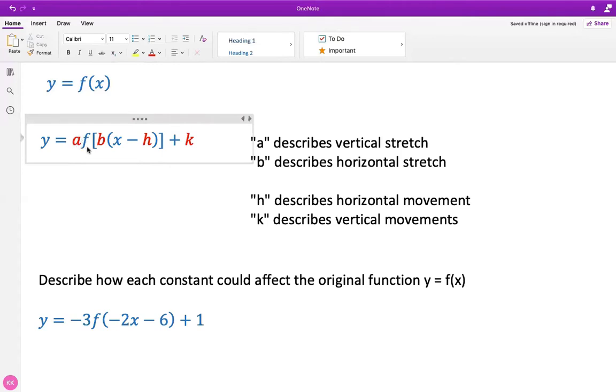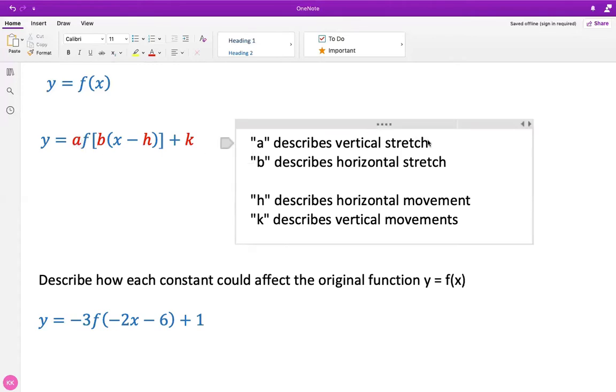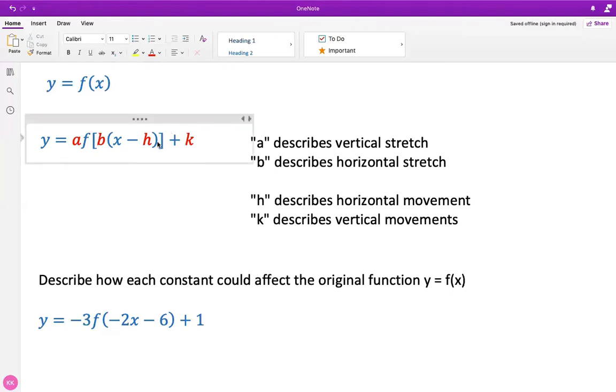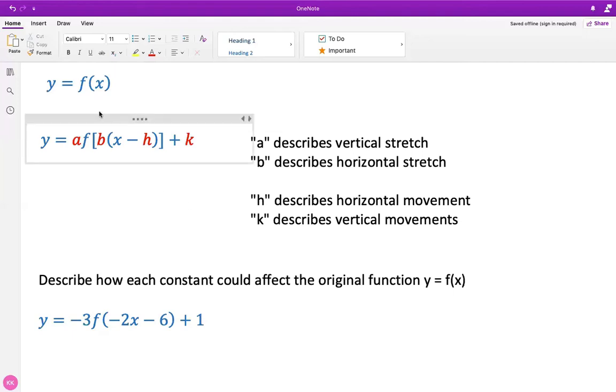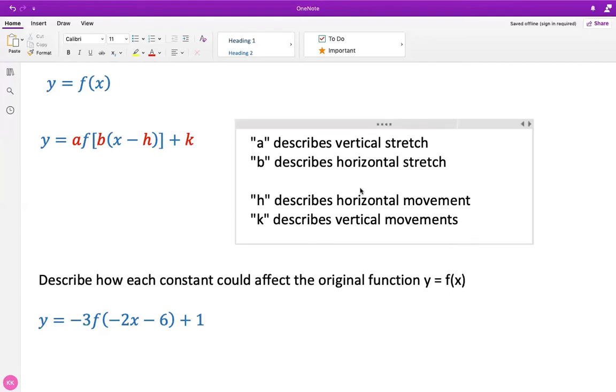This a here describes the vertical stretch. Remember, vertical stretch only affects the y-coordinate of the original function, and b describes horizontal stretch, which only affects the x-coordinate. The h here describes the horizontal movement, so I move the function to the left or to the right, and it only affects the x-coordinate.